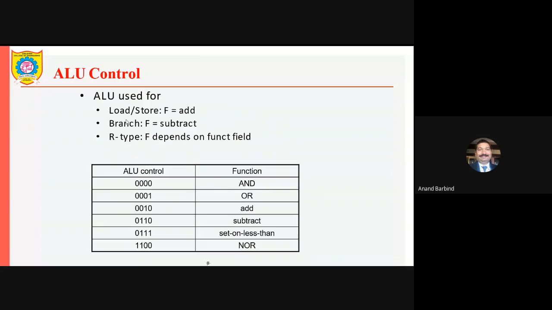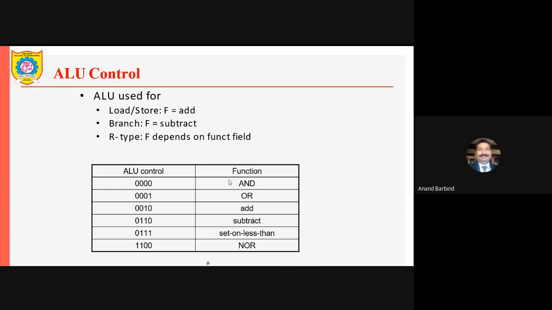In case of the branch instruction, the ALU does the function of subtraction, whereas in case of R type instruction, the function of the ALU depends on the function field.